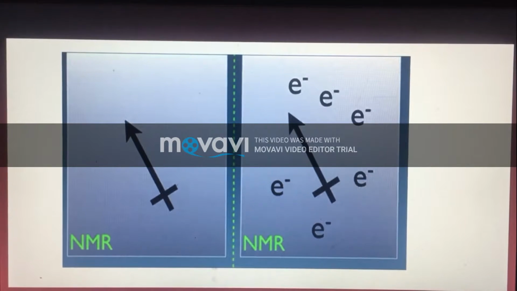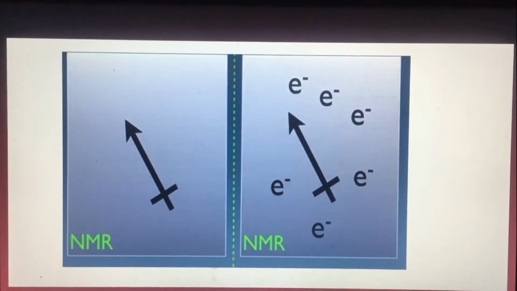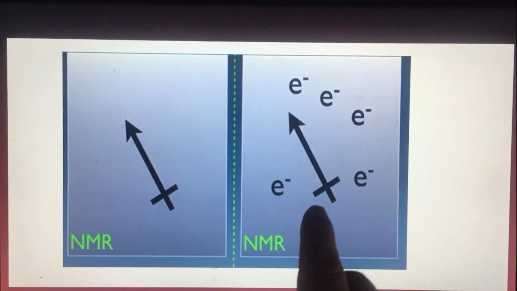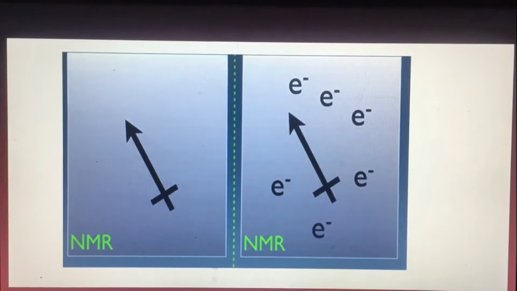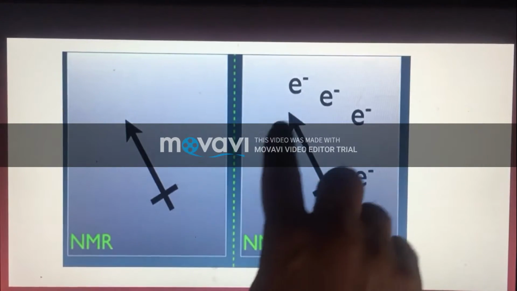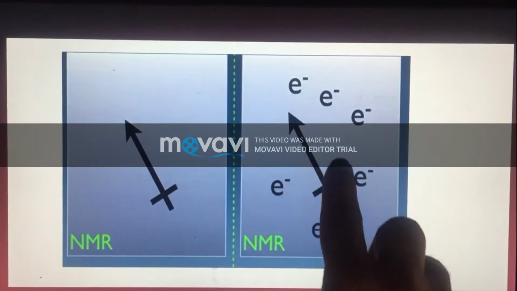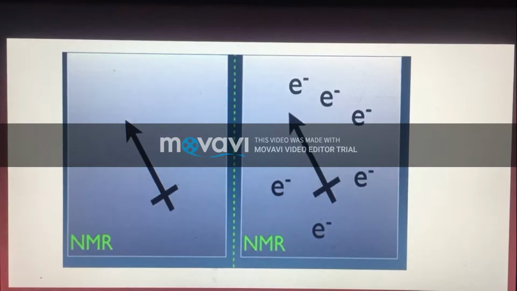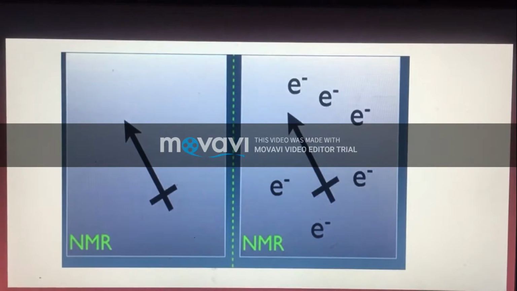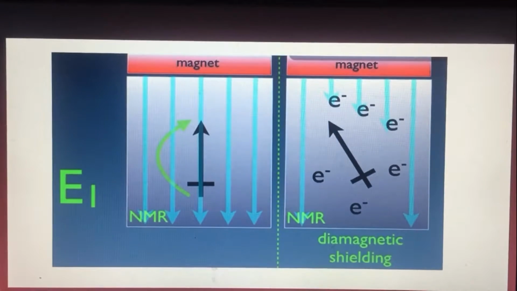In this one, at the right-hand side, this one is diamagnetic shielding. Around this nucleus, there are electrons surrounding, so this is shielding. Okay. So this is the concept of shielding and deshielding. Let's move to the next slide.